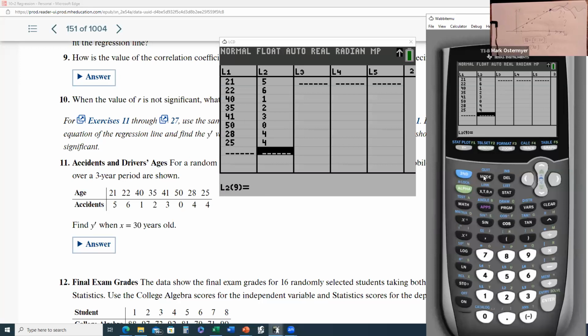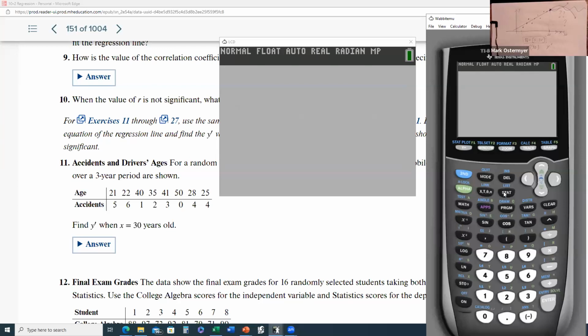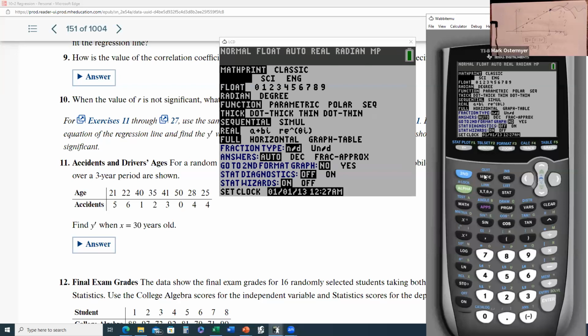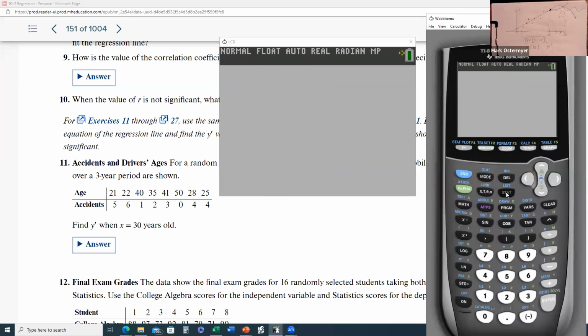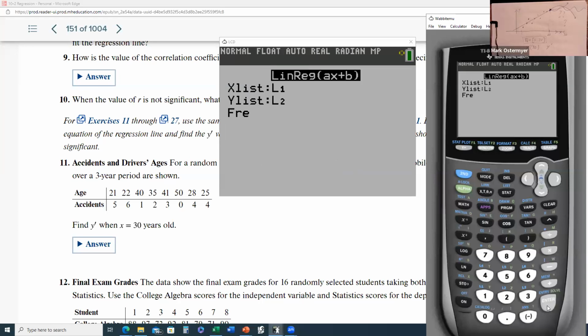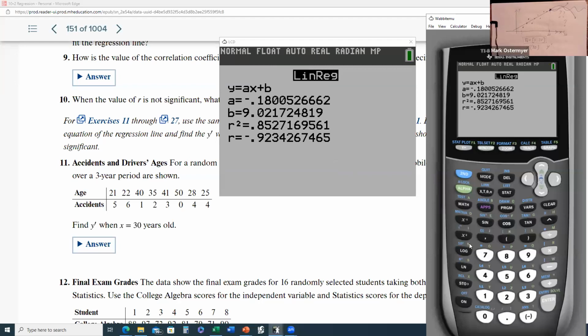If you want to do regression, make sure that your stat diagnostics feature is turned on if you want R and R squared to be determined. Now you go to stat, calculate linear regression, and there's your linear regression equation.